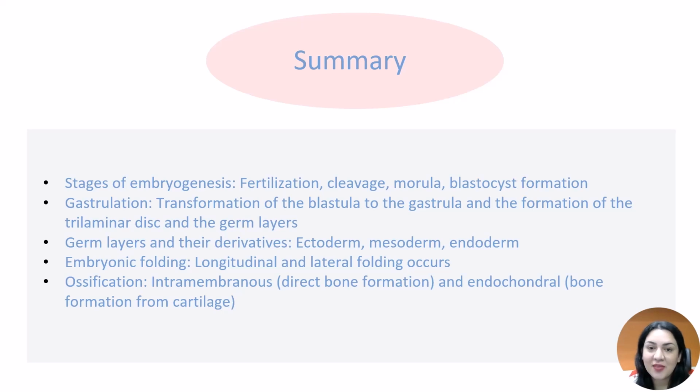All right, that's it. With that, we've come to the end of our lecture. So to give you a summary of what we've discussed today as part of the different stages of embryogenesis, we started off by talking about fertilization. When we spoke about fertilization, we also spoke about how cleavage, morula formation and blastocyst formation happen.